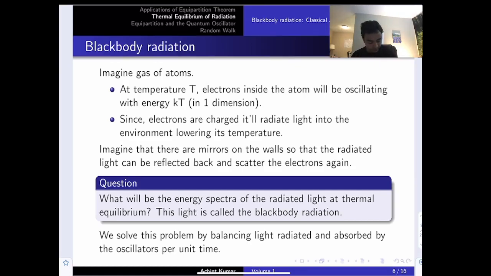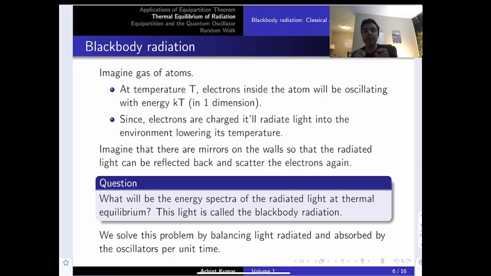But the question we'd like to ask is, what will be the energy spectrum of the radiated light at thermal equilibrium, when the amount of energy being lost by the oscillators equals the amount of energy being absorbed by the oscillators? This problem is called finding the spectrum of black body radiation, and that's what we are going to do next.